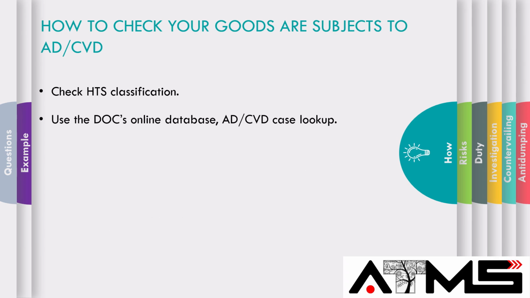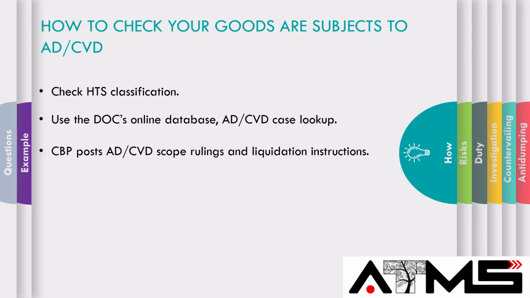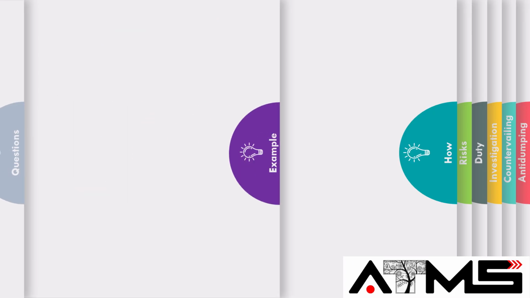Search the Department of Commerce's online AD/CVD database. Step 3. Review CBP's posted scope rulings and public notices regarding AD/CVD coverage. And finally, consult with a customs broker or trade attorney to minimize your risk.